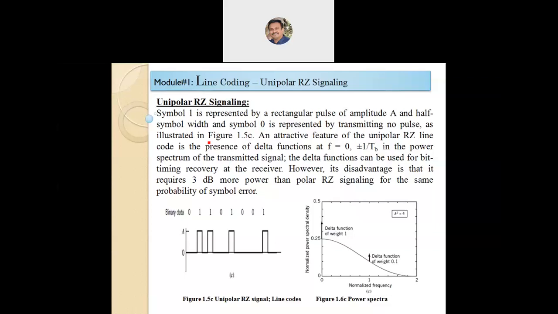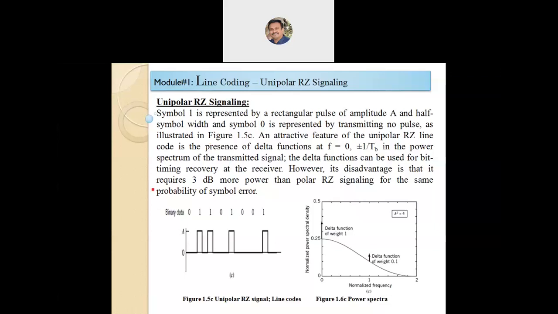It means symbol 0 in the binary stream is always represented by a zero amplitude pulse, and symbol 1 has amplitude A only for the duration of half of the width of the symbol pulse.